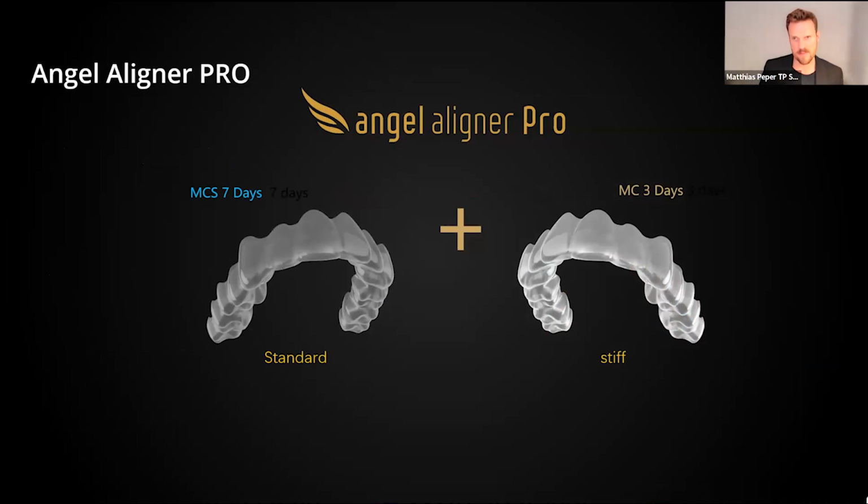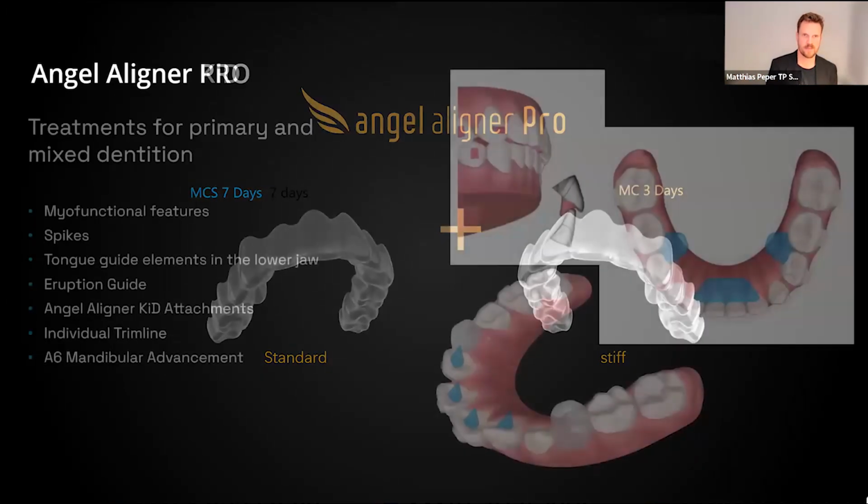So we start in the first 7 days with the standard aligner, which is the MCS. And after that, we go from standard to the more stiff material, which is called MC. We use it for the next 3 days. So we have 10 days in total. And yeah, so this is the dynamic that we find here.